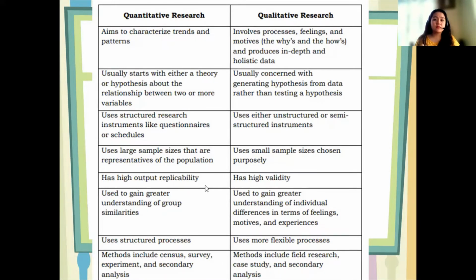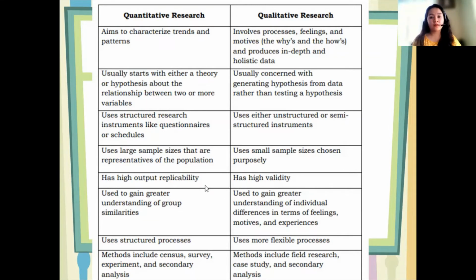So, binibase mo yung study mo sa existing theory. Pwede yun sa quantitative research. Or pwede ding hypothesis. And you're going to refer it or titignan mo yung relationship ng one variable to another variable. So, my example was yun, the tardiness of online students, di ba?